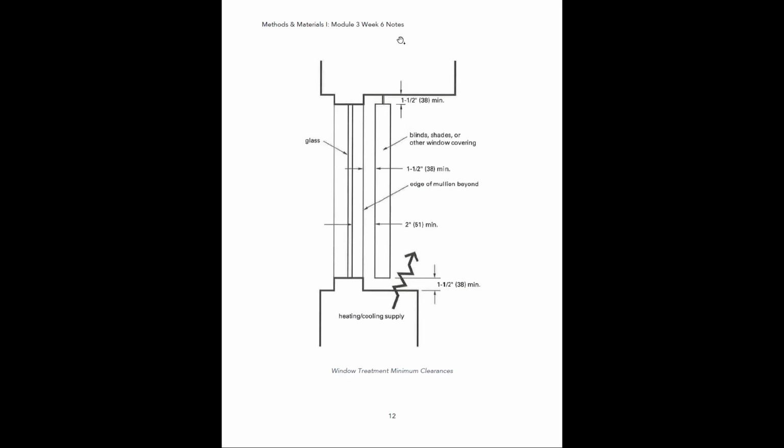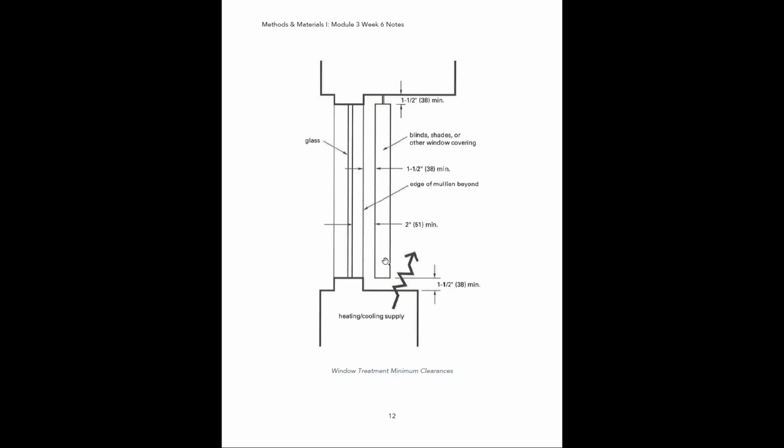Okay, so here we have a diagram from the reading, and this is basically showing you your minimum clearances for window treatments. So if we have a window here, and then we have our heating and cooling supply system here. So let's say this is a heating system that's running along the wall. Maybe you've seen those, I know my high school had those around the perimeter, a heating system where it pushes out the warm air.